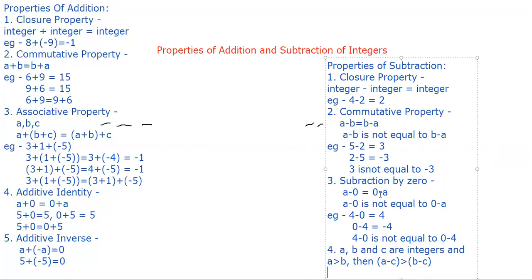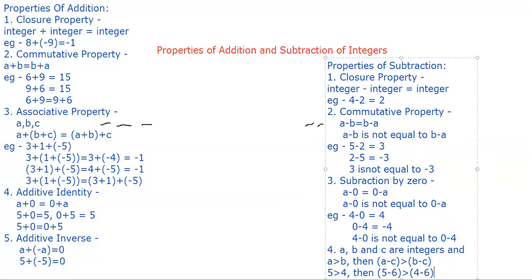Now we will understand this also, because if you're doing maths, you need to prove it. For example, I would like to say that a is 5, b is 4, and c is 6. So 5 is greater than 4, then 5 minus 6 will be greater than 4 minus 6.